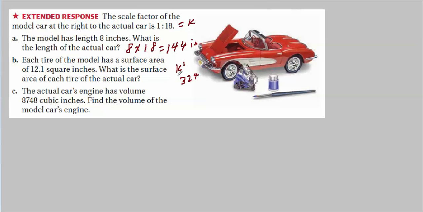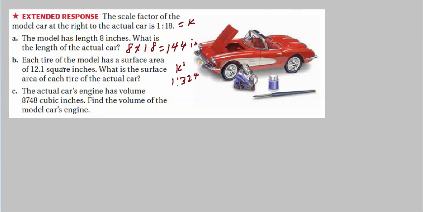Well, K squared is 1 to 324, which means that if the model has a surface area of 12.1, the surface of the actual car would have to be 324 times that. Well, I mean the surface of the tire on the actual car.